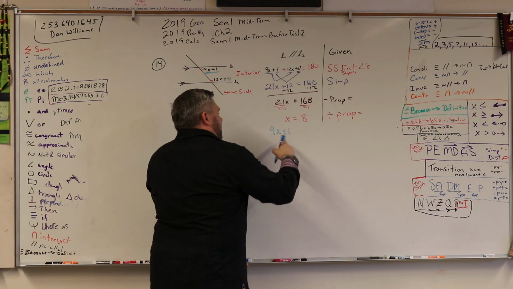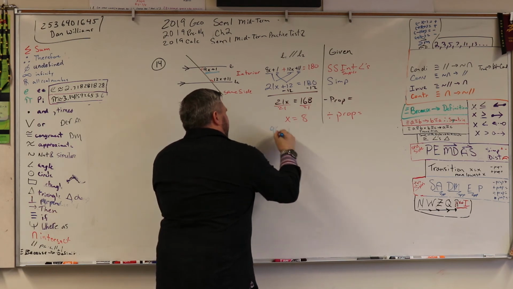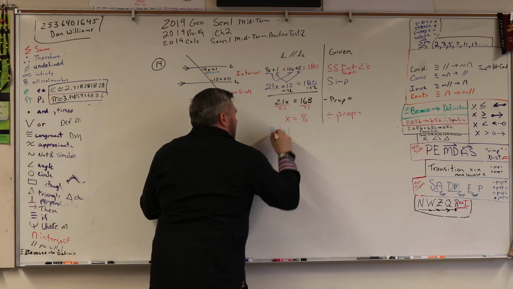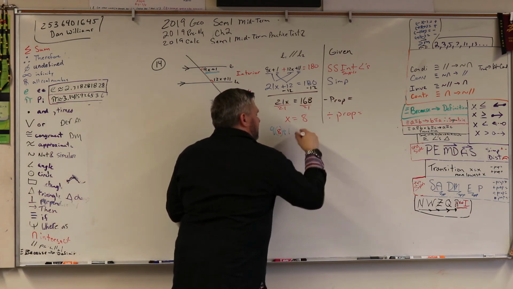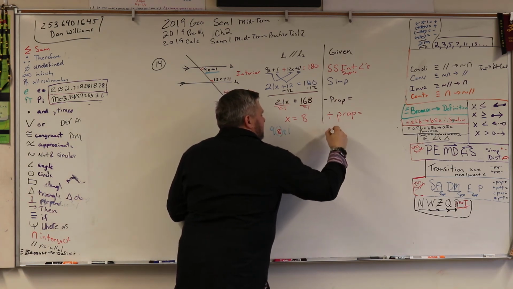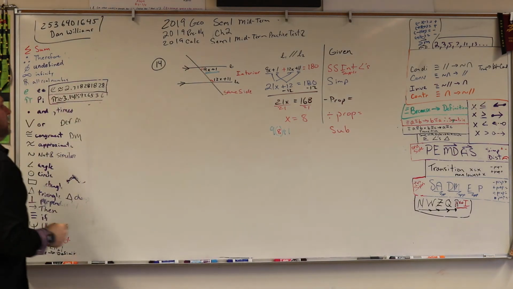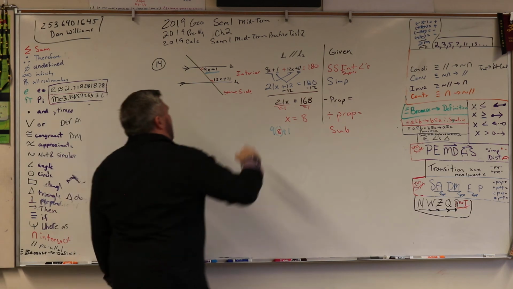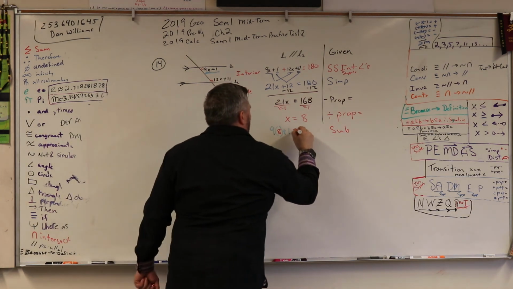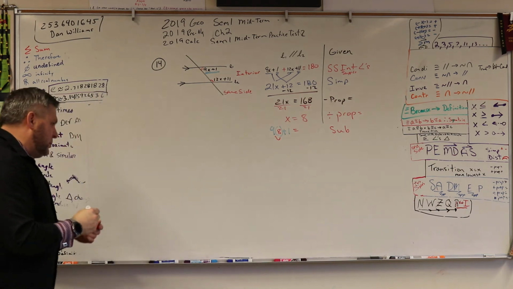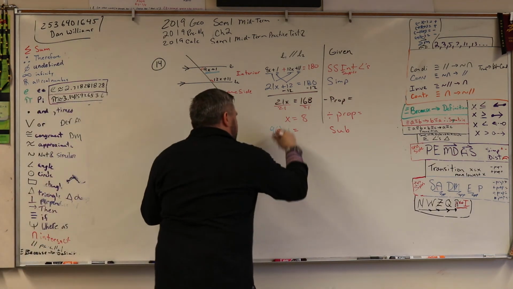But to do it, we're going to plug in this value of 8. What's that called when we plug it in? Substitution. So the 9x plus 1 is going to equal, well, what's 9 times 8? 72.